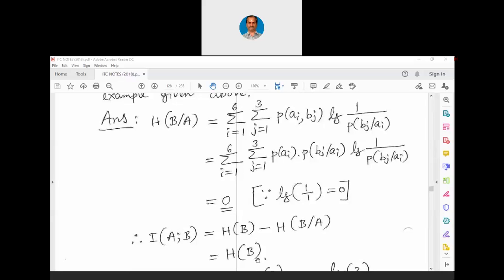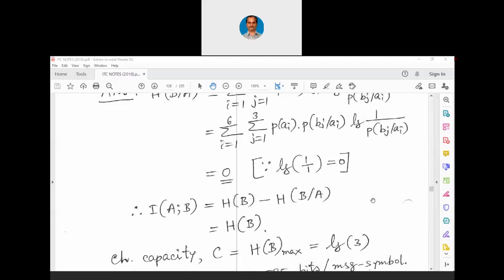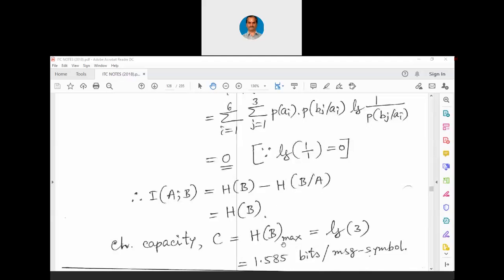So in the case of a noiseless channel, we came to know that all the source information is available at the receiver, right? But here we know that all the destination information is available there. That is why this is a deterministic one, which is a counterpart of the noiseless channel. So now the channel capacity is H(B) maximum, that is again log of 3, that is 1.585 bits per message symbol. This is the same as the earlier one.